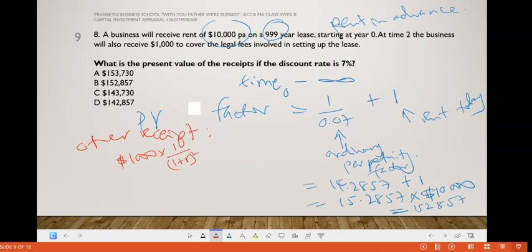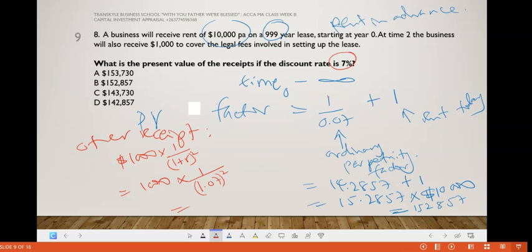This is 1,000 multiplied by 1 over 1 plus 7%, that's 1.07 to the power 2.